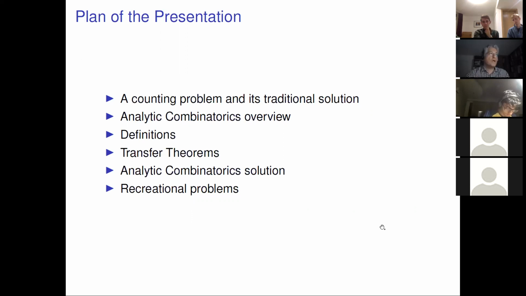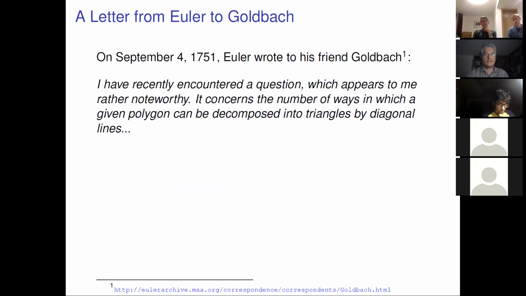Then I'll end with a couple of recreational problems where I will explain a bit more of other techniques. The counting problem is one that Euler wrote to Goldbach back in 1751.